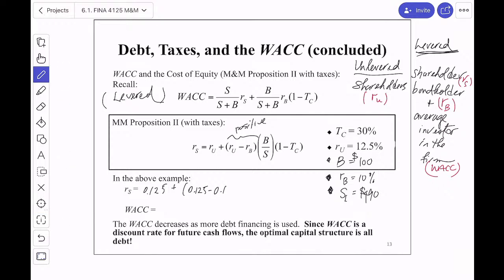So, and then B is 100 and S is 490. And I multiply that by 0.7. What do I get?